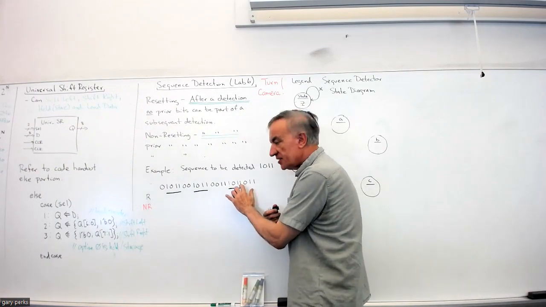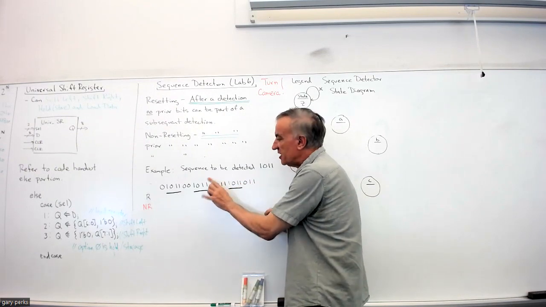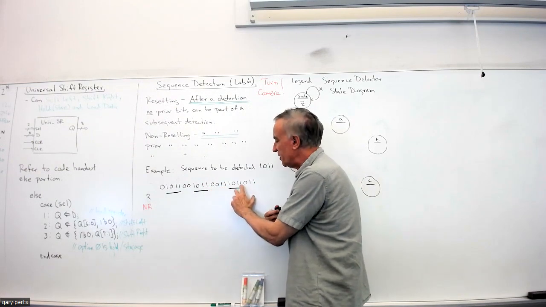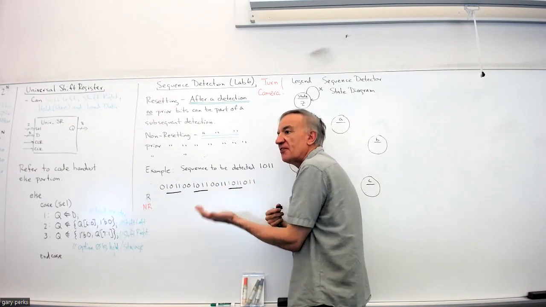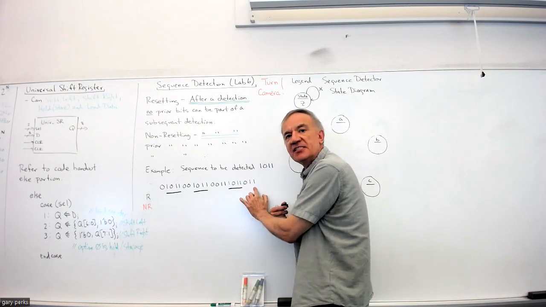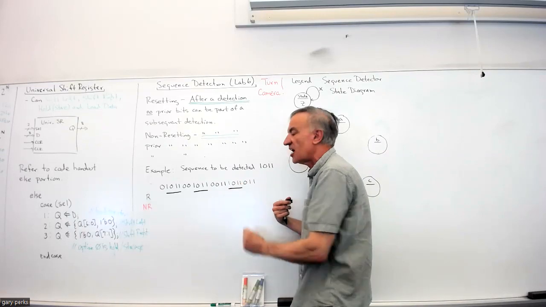Well, now if you look, we have another 1, 0, 1, 1 here, but because this is resetting, I cannot use a previous bit in a subsequent detection after I've had a detection, right? See, I have a detection here. So now I can't use any of these bits in a subsequent detection. So this 1, 0, 1, 1, if it's resetting, that is not a detection.